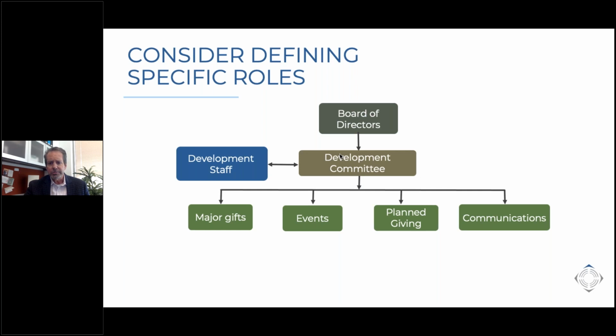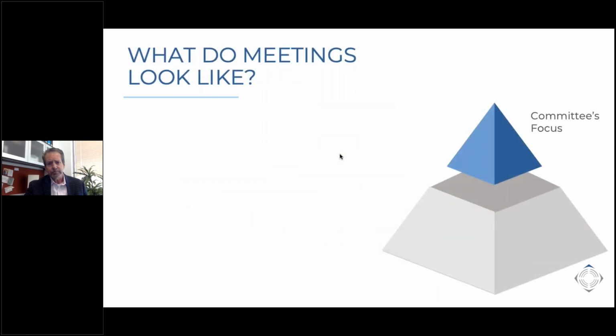A planned giving expert, maybe somebody who serves as an executive director of a foundation somewhere that you've received grant money from before, and consider them as a development committee member who can help give insight into how foundations and corporations think and make decisions, and help your team navigate that process.